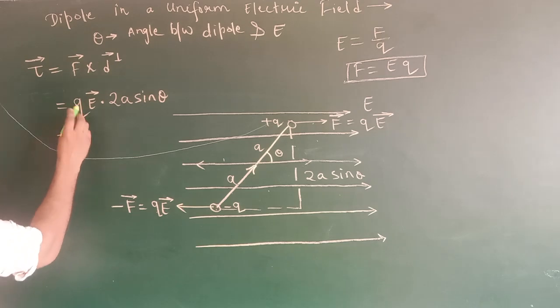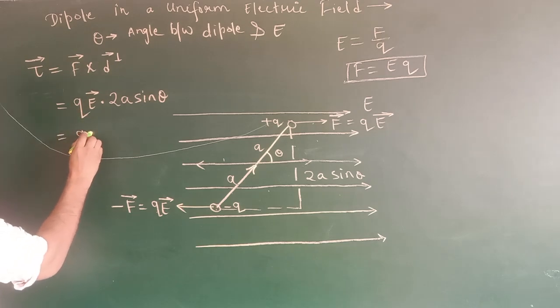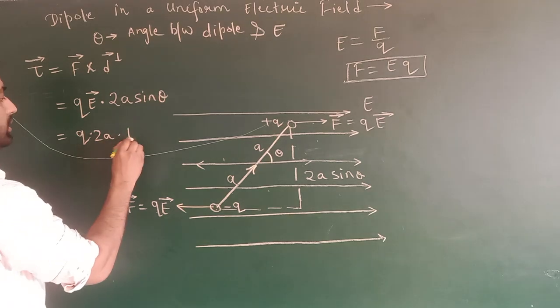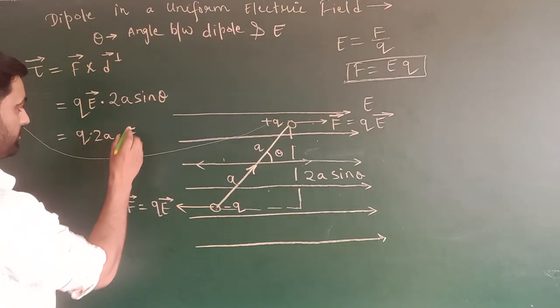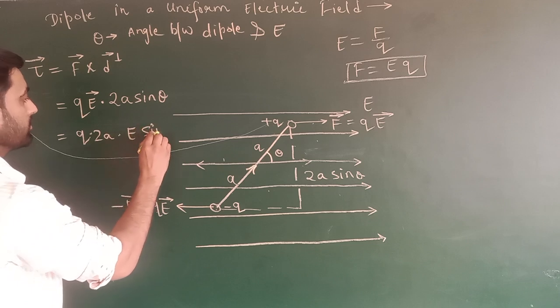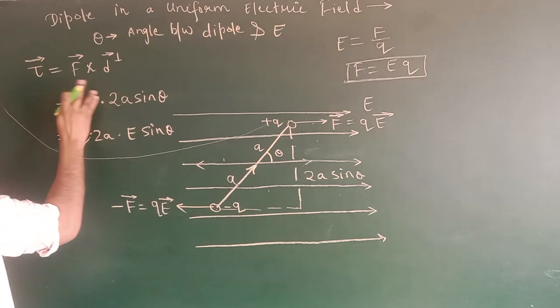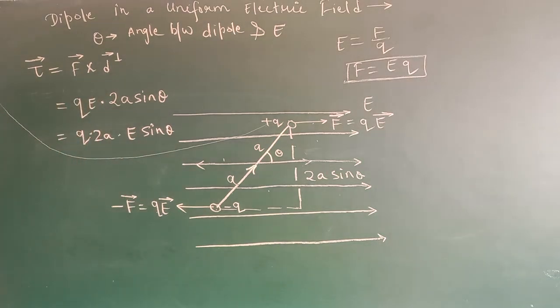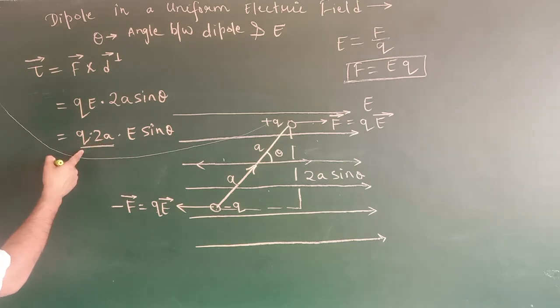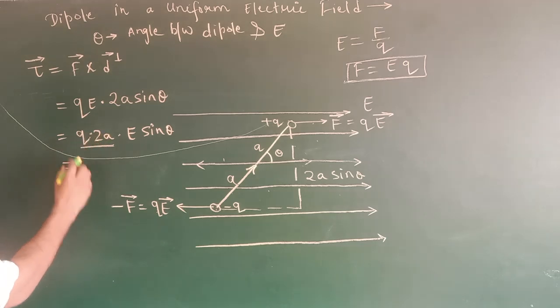I can make an adjustment. q into 2a into E sin theta. So this can be written as p, that is ultimately the dipole moment, q into 2a.